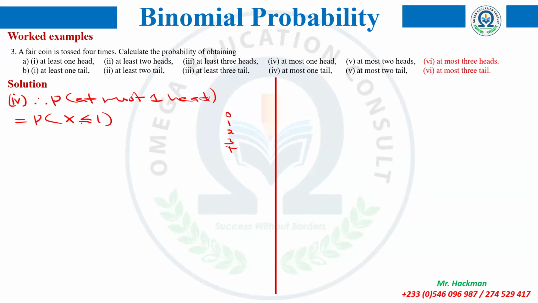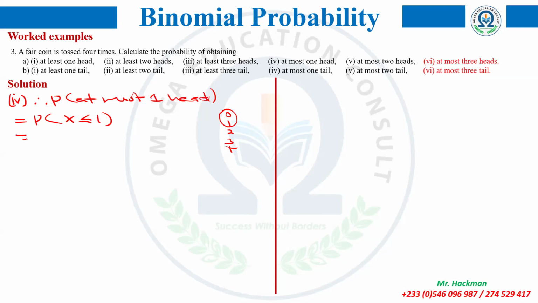If we are looking at less than or equal to 1, it means we are considering 0 and 1. Is that clear? That's the direct inequality. The opposite, you use this 3 and subtract it from 1, so it means the opposite will be more work. I hope you agree with me. So we'll go the direct inequality route.